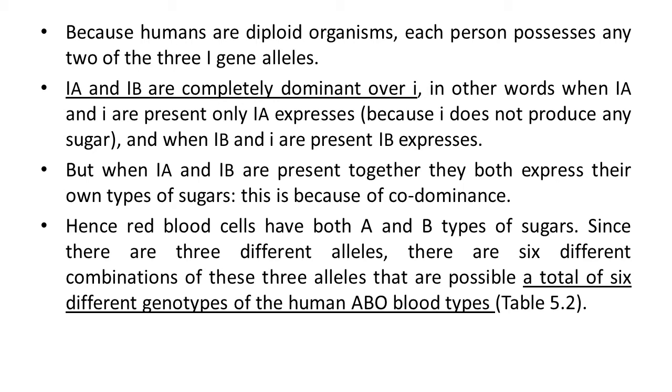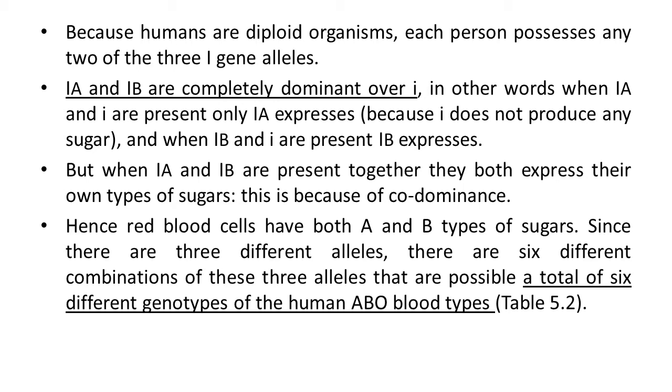In other words, when capital IA and small i are present together, only the dominant one, capital IA, expresses itself, and when IB and small i are both present, capital IB expresses itself.